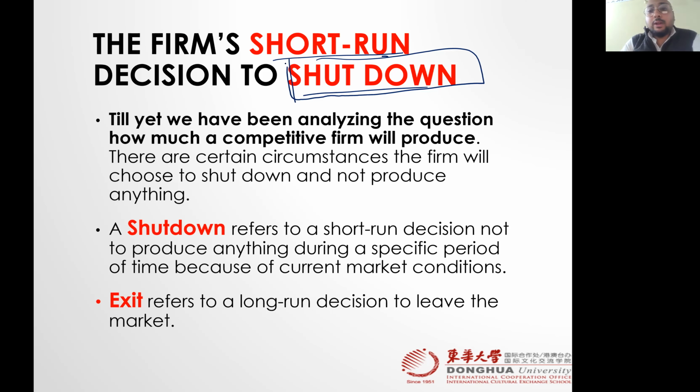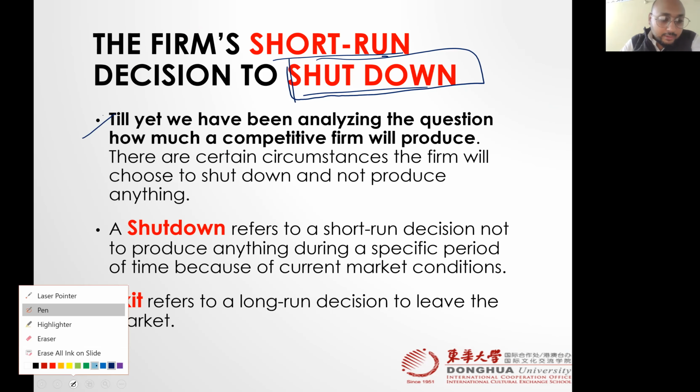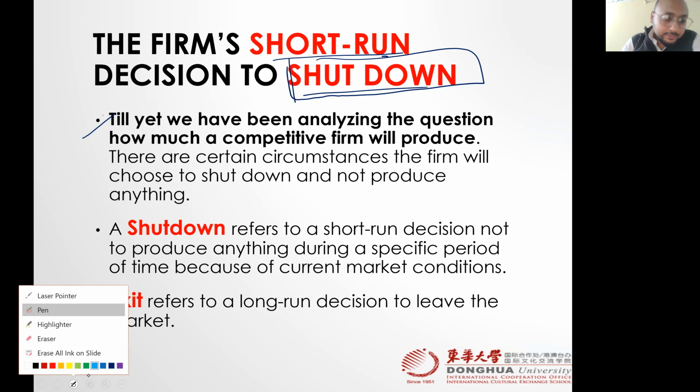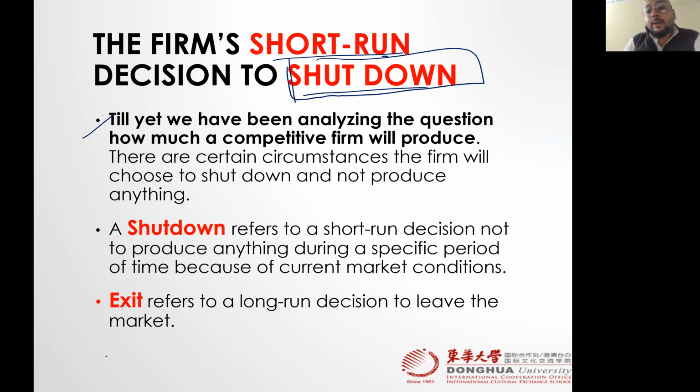So till now, we have been analyzing the question of how much a competitive firm will produce. And now there are certain circumstances in which the firm will choose to shut down and not produce anything.